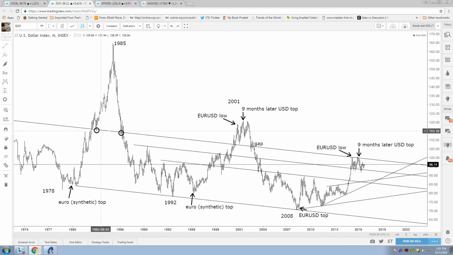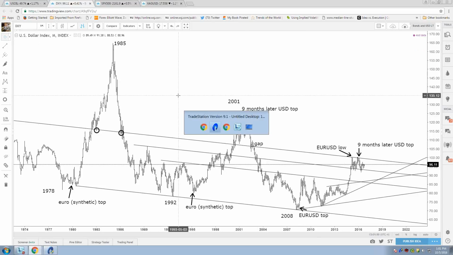That's a dynamic that we've seen at turns, called non-confirmation. You can call it divergence, but really it's non-confirmation, where they're both not confirming each other. It's like Dow theory with the transports and the industrials in the stock market.